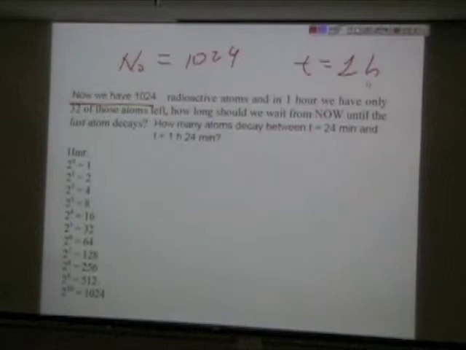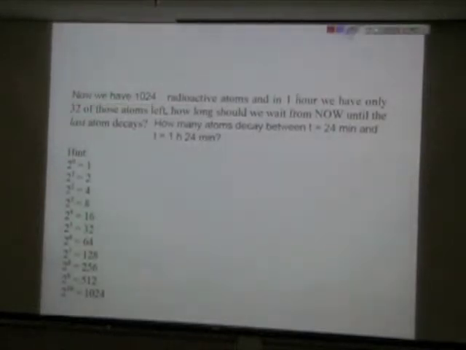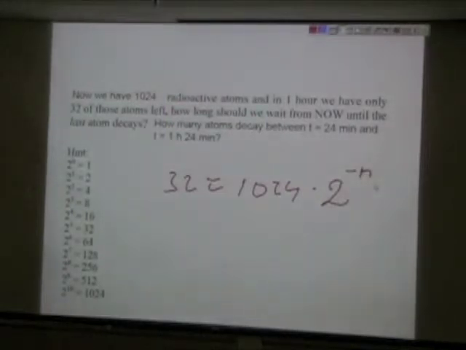So, well, we could ask, for example, how many radioactive elements had decayed? 1024 minus 32. That's how many disappeared. Okay. Now, the law says 32 is supposed to be equal to 1024 times 2 to this power. This is how many half-lives we should wait to get from 1024 to 32.